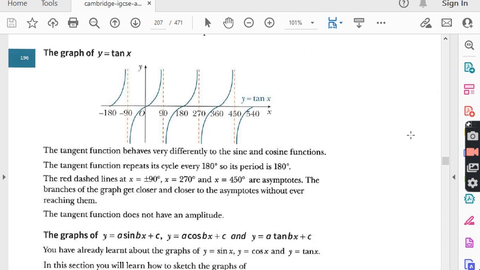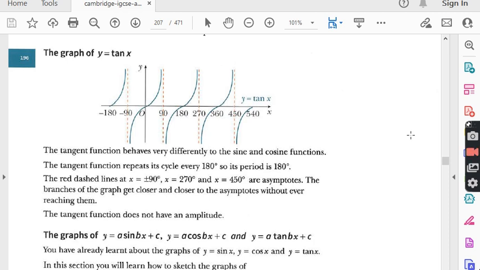The second is the red dashed lines at x equals plus minus 90 degrees, x equals 270 degrees, x equals 450 degrees, which are asymptotes. What does it mean?